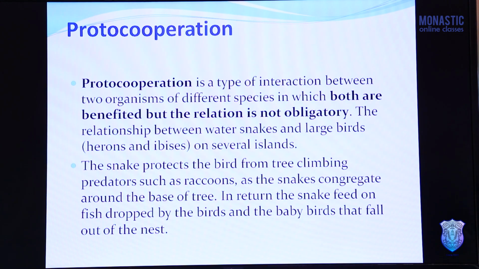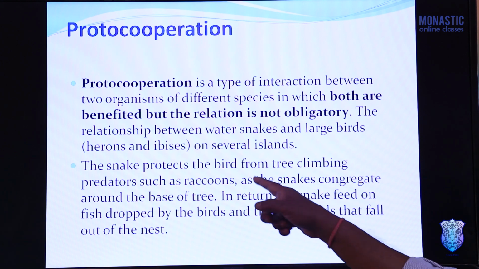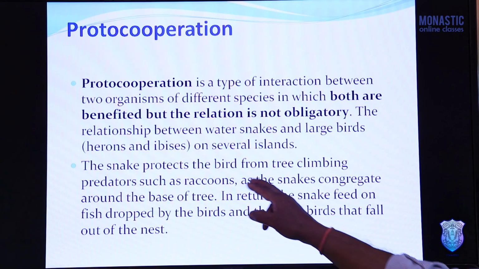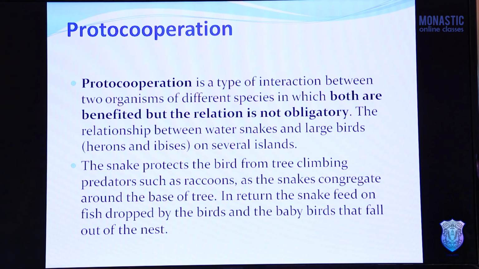Means the snake stays around the base of the tree, and because of this raccoons cannot climb the tree, because raccoons can be fed on by a snake, so they do not go there. And in return for saving the birds, the snake feeds on fish dropped by the birds.